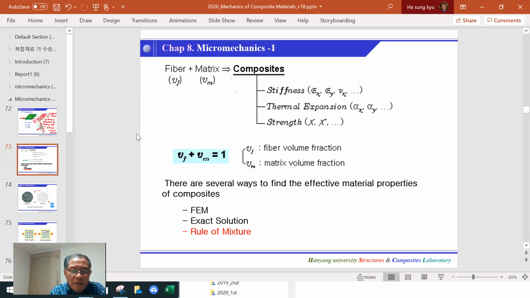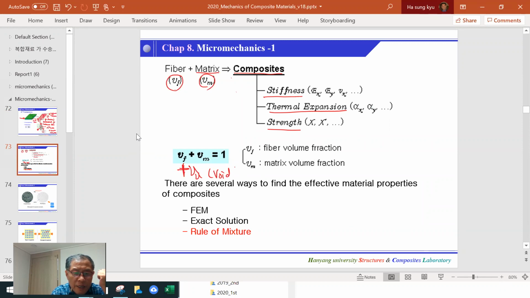Of the definitions: fiber is indicated by VF, and matrix by VM. These are volume fractions. The composite has properties of stiffness and strength, and also thermal expansion coefficients, alpha X and alpha Y, because we have different CTEs. Usually the fiber and matrix volume fractions sum to 1, but there can be some volume fraction of void.